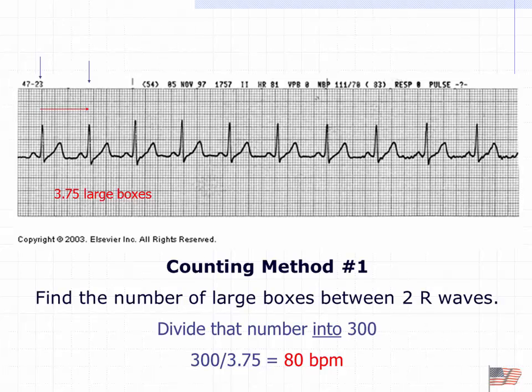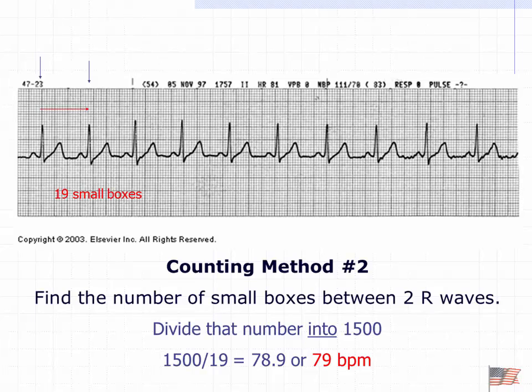Are these all just estimates then? More or less. But now I'm getting more precise with my fourth method, because the fourth method says count the number of small boxes. I'm getting more fine-tuned. Do I have to count all those boxes? No. How many small boxes are in one big box? 5.